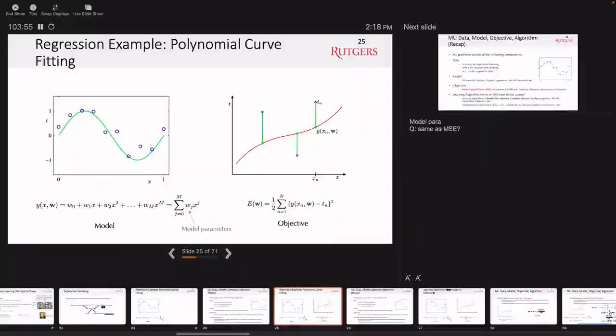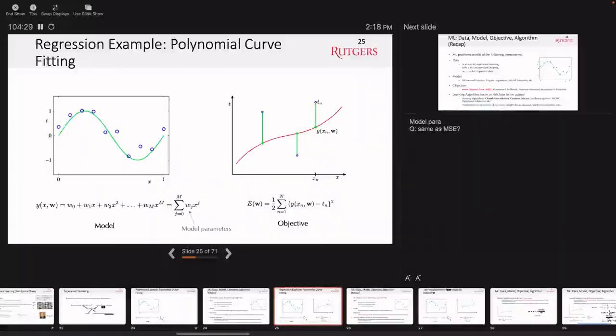You can see that our objective function is just a sum of capital N terms, right? And in each term is the difference between y of xn and w minus tn. So this is the difference between our prediction and the ground truth label. Right? Tn is the ground truth label for the nth data point. Y of xn and w is your prediction for the nth data point, right?